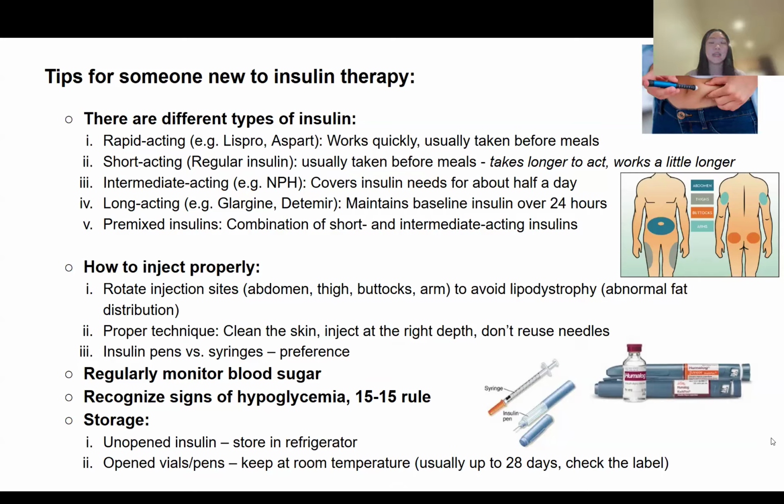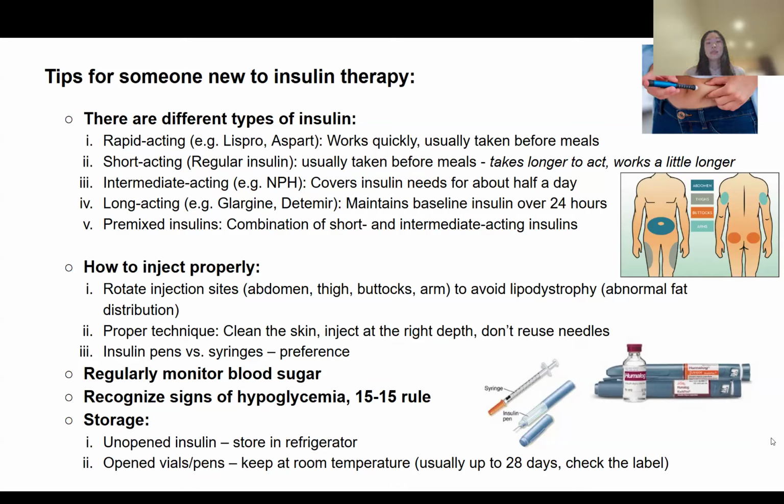And then insulin comes in pens and syringes. Pens are kind of easier to use, because with syringes, you have to draw it up from a vial, but it's pretty much patient preference or also availability of the drug that they're being prescribed.